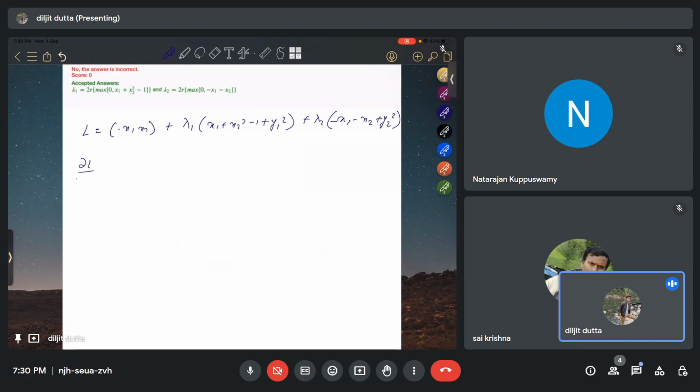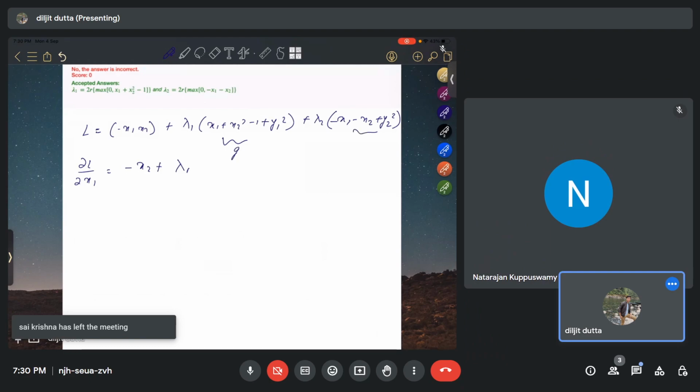So del L by del x1 is minus x2 plus lambda 1 into, suppose this is considered as g, this is g1, g2, del g1 by del x1 plus lambda 2 into del g2 by del x1.